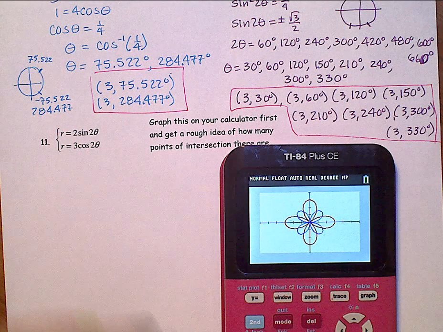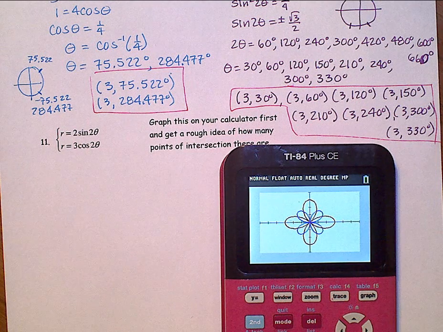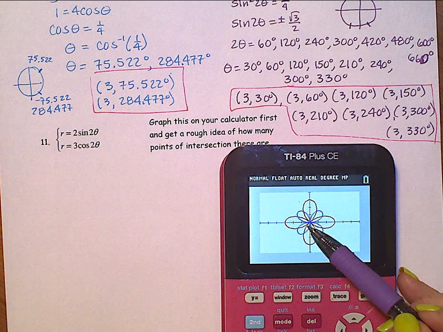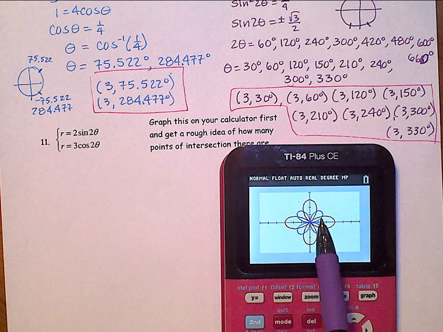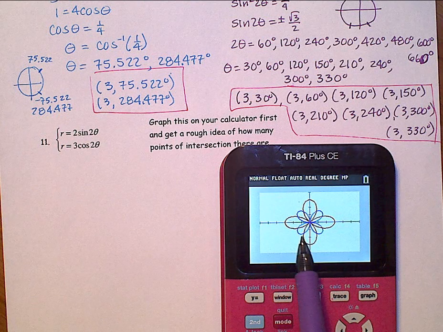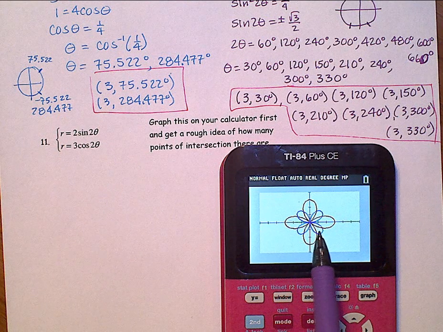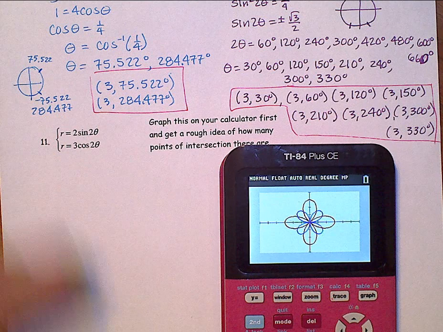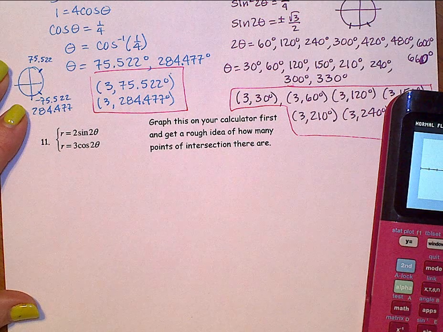And let's count the points of intersection here. Center, there's 1. And then right here I got 2, 3, 4, 5, 6, 7, 8, 9. Oh my goodness, it looks like there's 9 points of intersection.